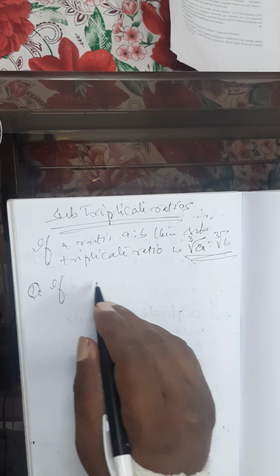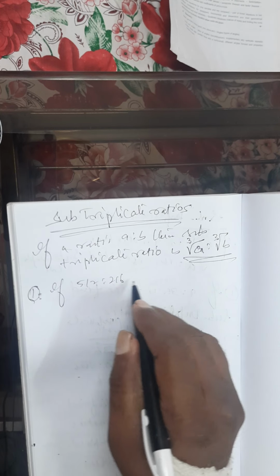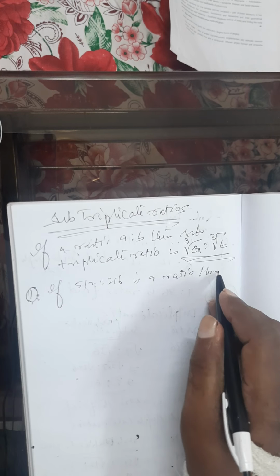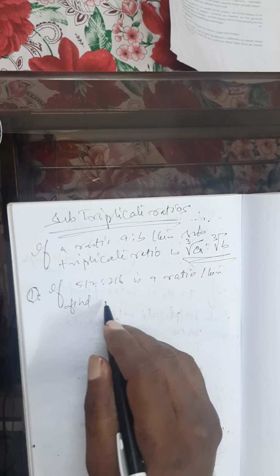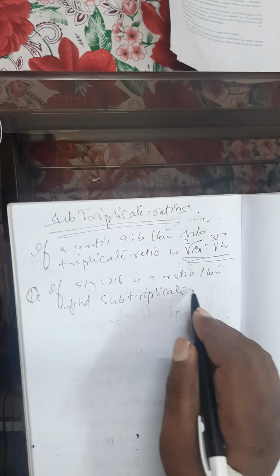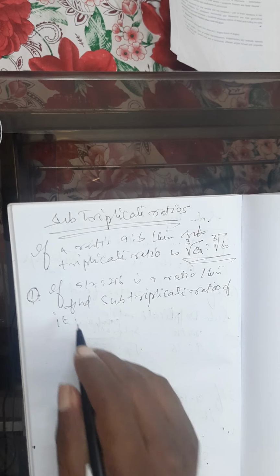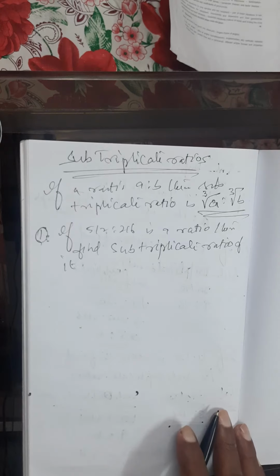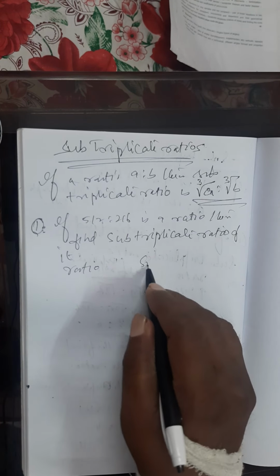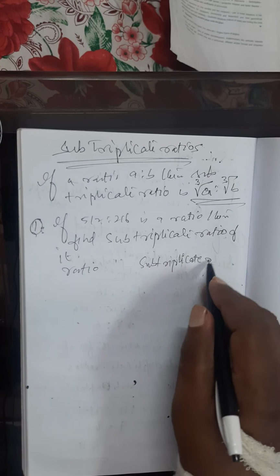If 512 is to 216 is a ratio, then find the subtriplicate ratio of it. This is your question. Now what you have to do? We have to write again in simple form: ratio, here subtriplicate ratios.